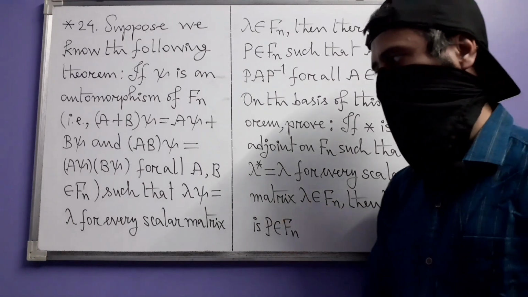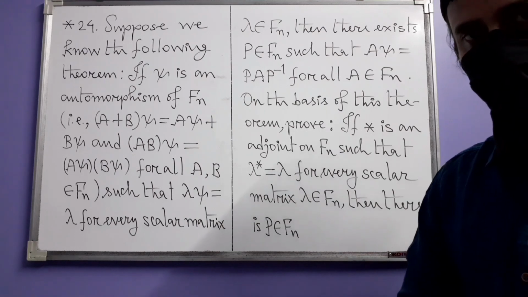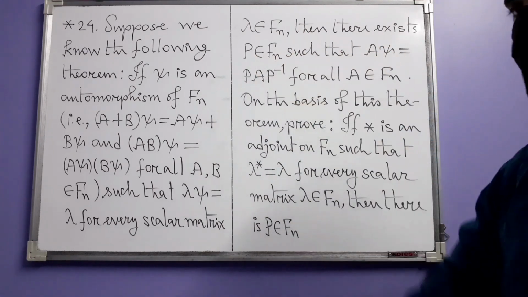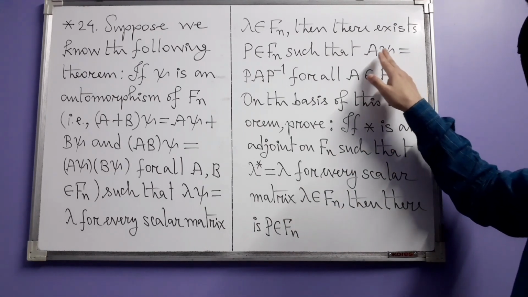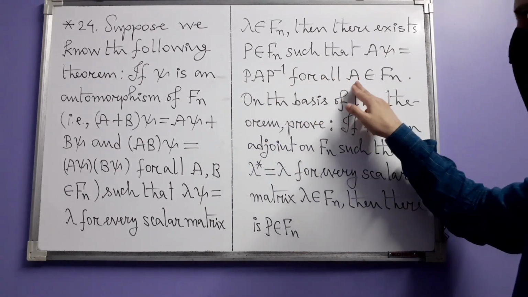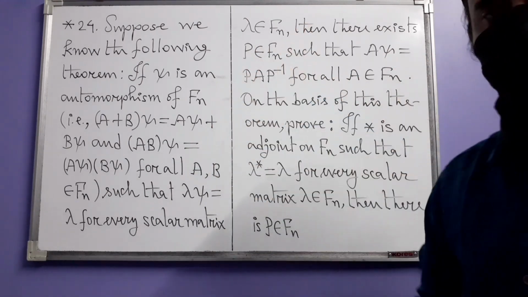So if all these things are true about psi, then there exists a matrix P in Fn, which in fact is invertible, such that A psi is equal to P A P inverse for every matrix A in Fn. We have to assume that this is true.